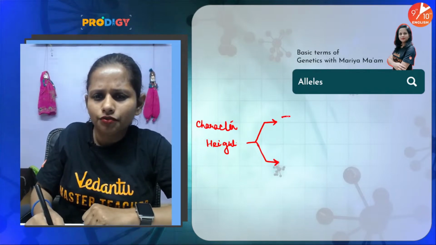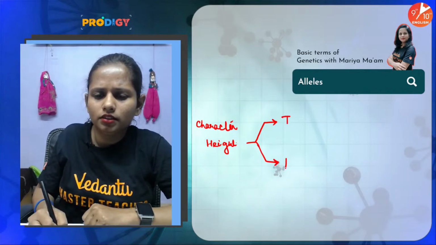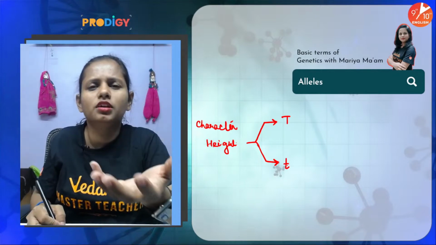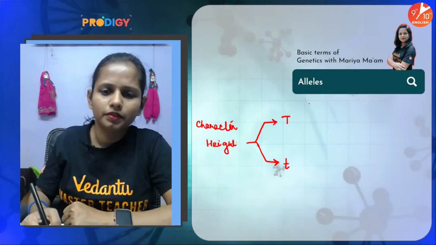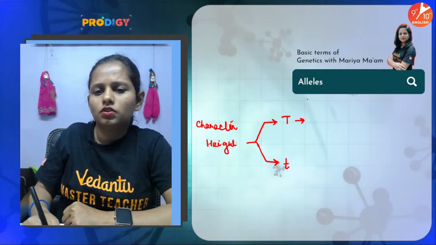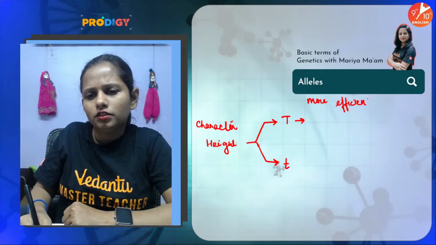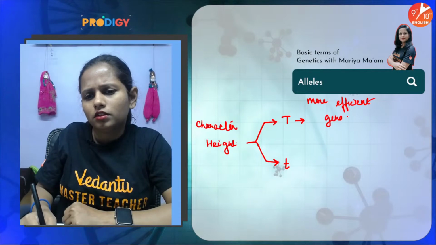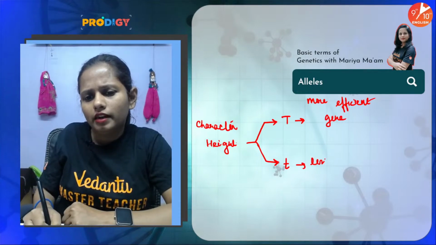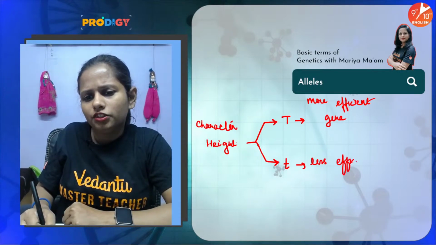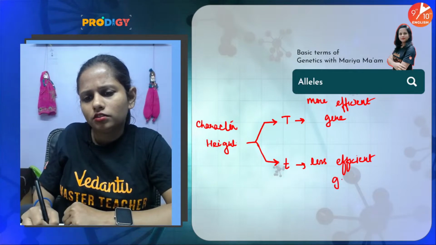The first variation is capital T and the other variation is small t. This is just merely a way to represent. So this is a more efficient gene and this is a less efficient gene.